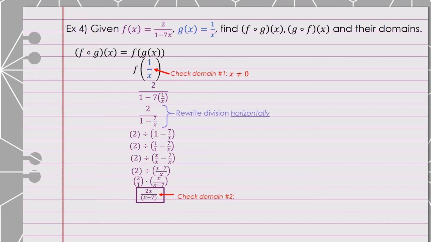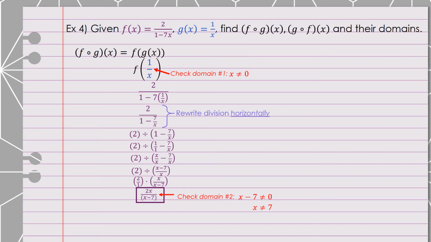Do we have a variable in the denominator of that fraction? Yes. And so we know the denominator, whatever it is, cannot equal 0. So we have x minus 7 cannot equal 0. And so to solve for x, we would add 7 to both sides, and we find x cannot equal 7.